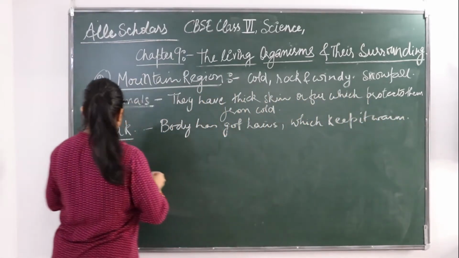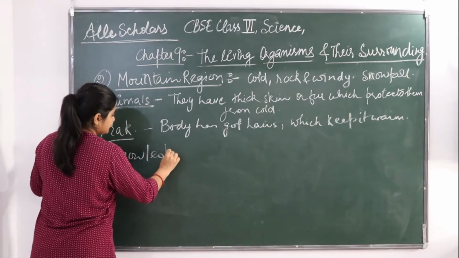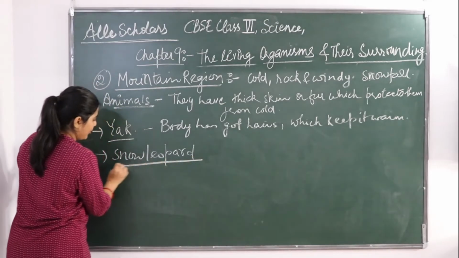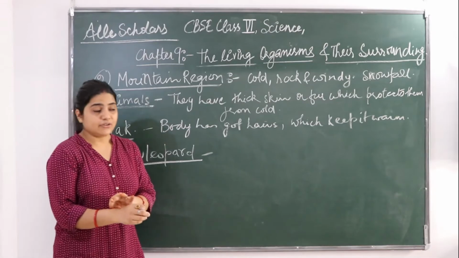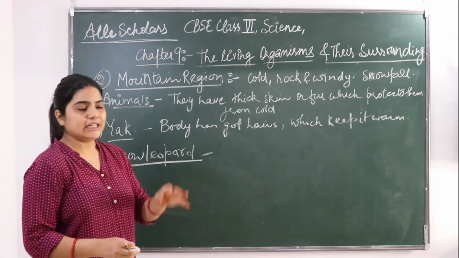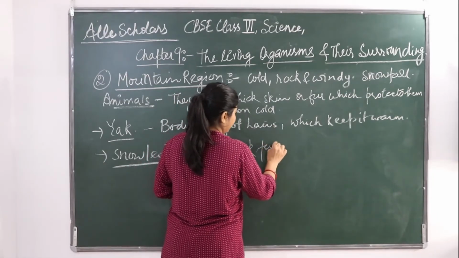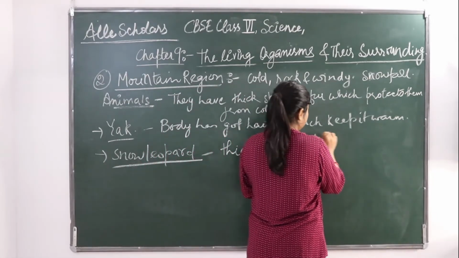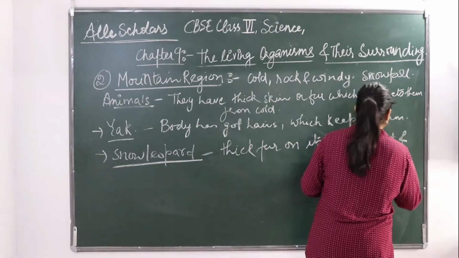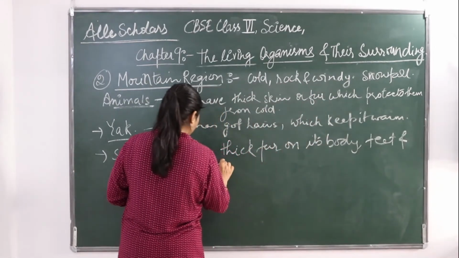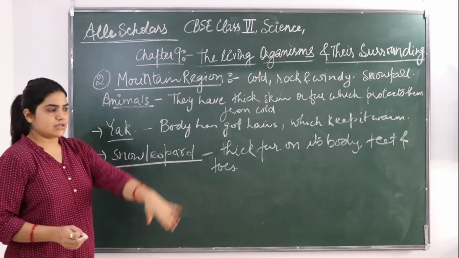The next animal is the snow leopard. Which type of body does the snow leopard have? It has thick fur on its body, feet and toes. This helps it to walk in snow.